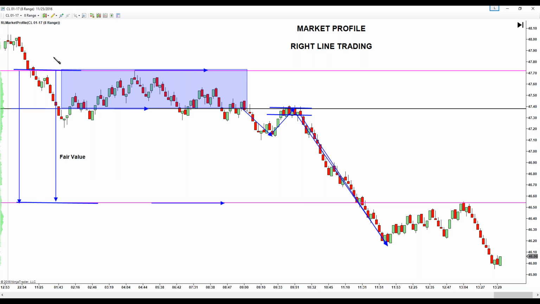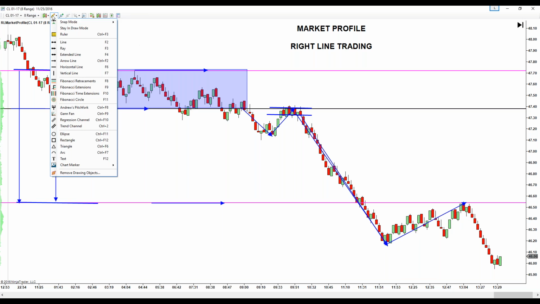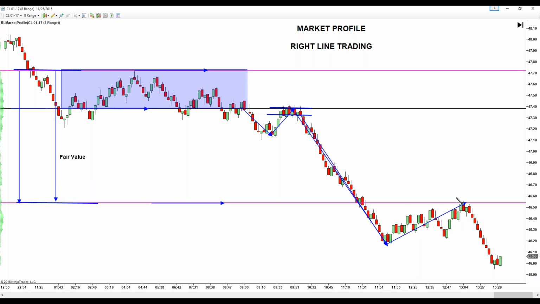And that's the same thing that occurs here. Here's the break of the value area low, the retest, and then the break to the downside. So this gives you two tremendous trades.